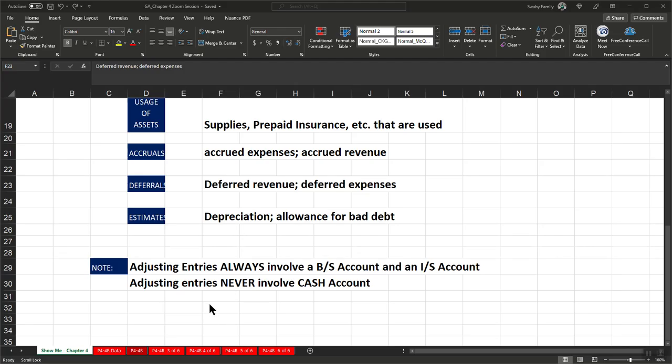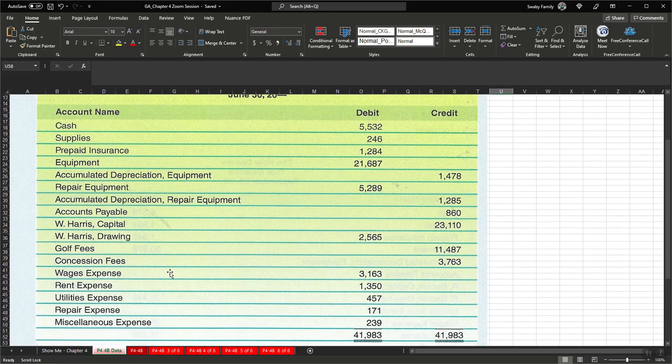And finally, an adjusting entry will never involve cash. So if you are tempted to use the cash account to record an adjusting entry, you know that you are doing something wrong.